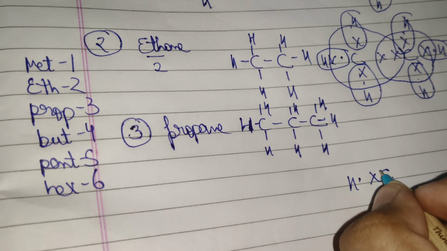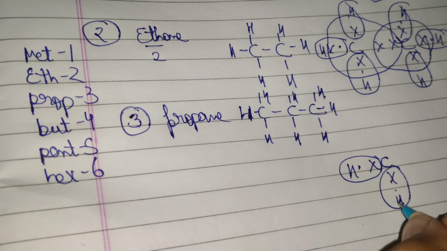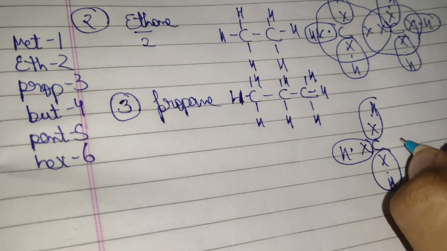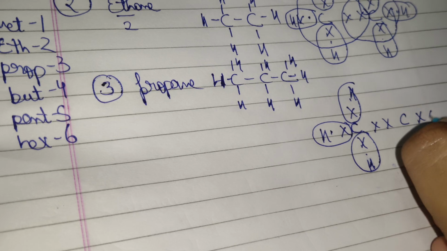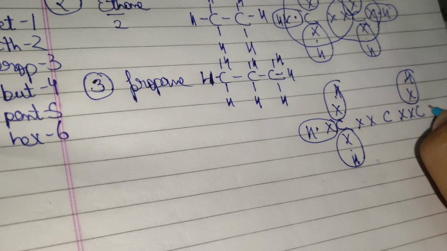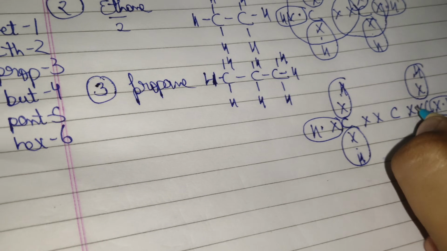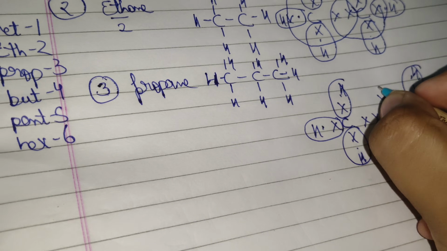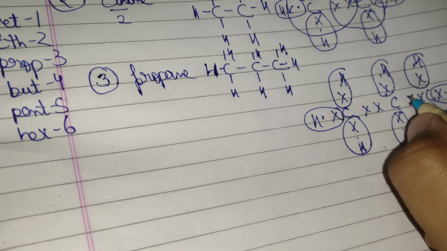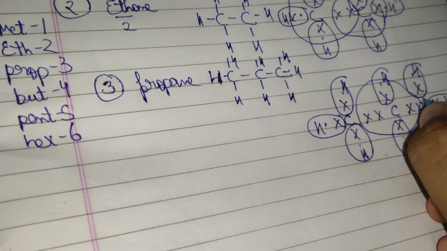X dot H, X dot H, X dot H, X carbon, X carbon, X dot H, X dot H, X dot H, X dot H, X dot H. So here is the whole orbital of a single carbon atom.